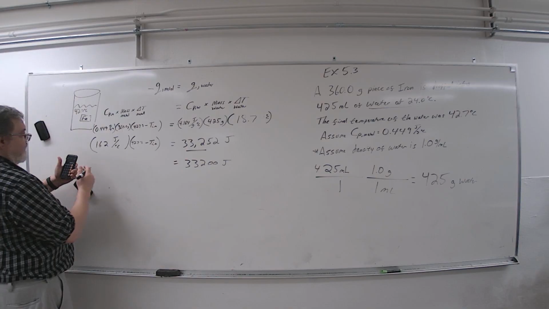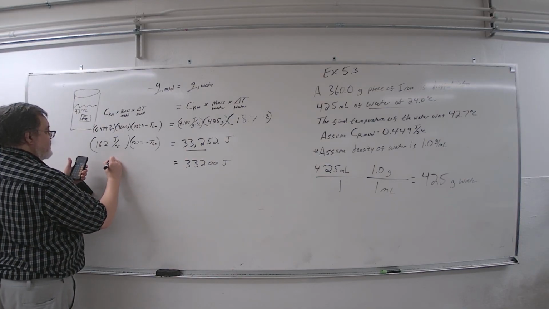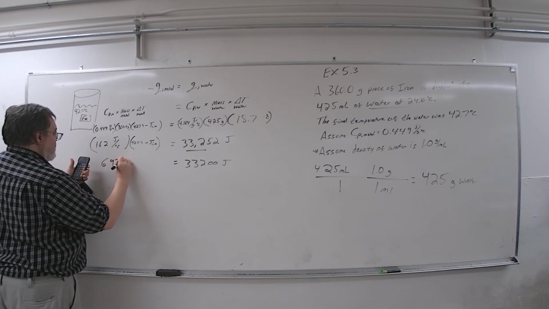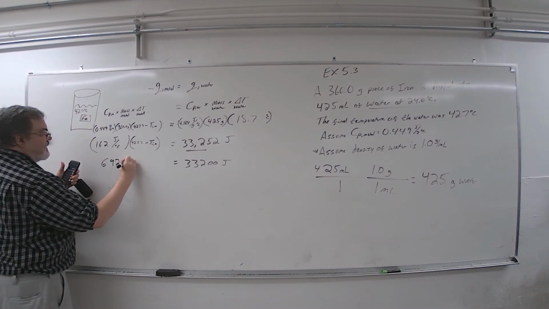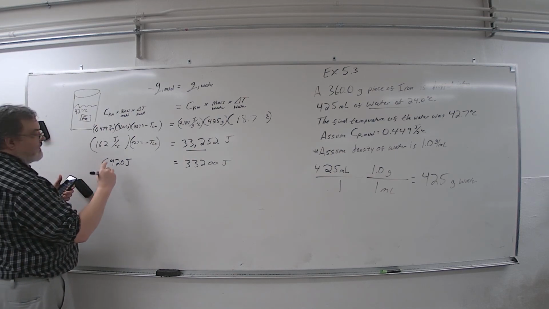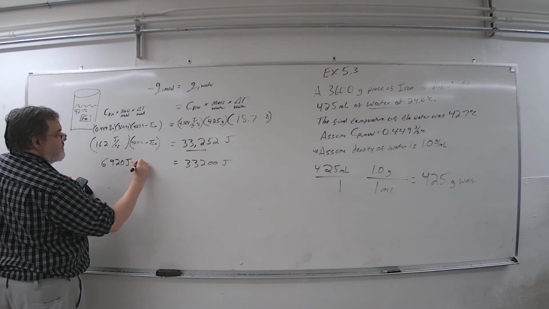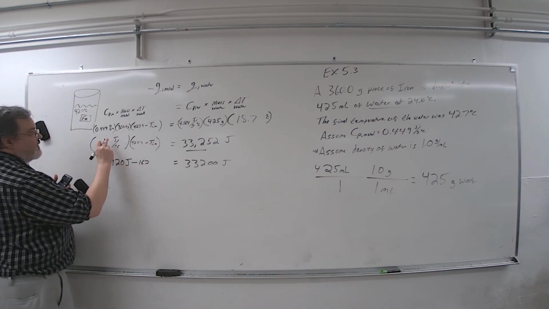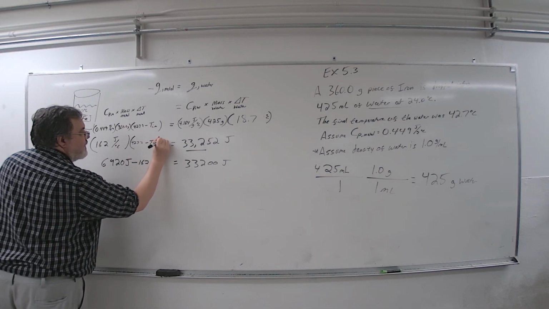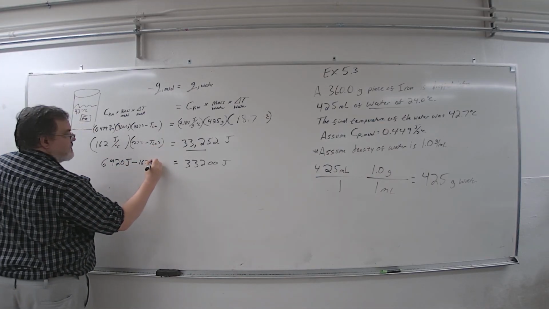Three significant figures. So I get the degree C cancels, so I get joules. Yeah, that's right. And then minus 162 joules per degree C times the temperature initial of the metal. So this will be in joules.